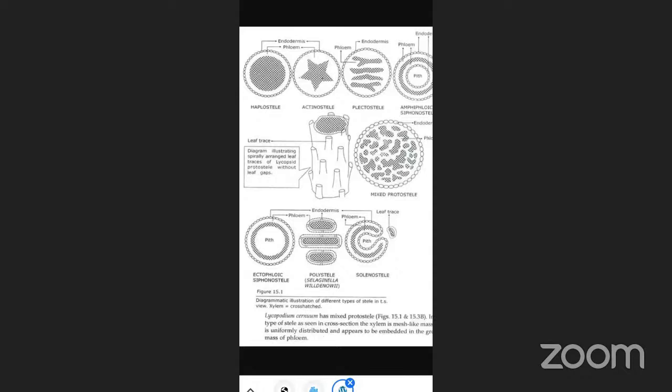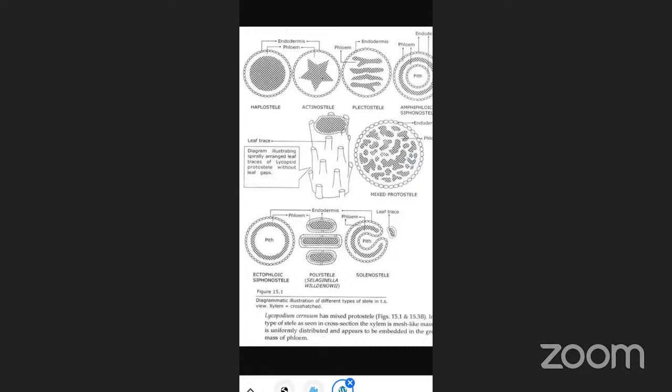In the plant kingdom, the vascular system has its origin in the Pteridophyta, which are called the first vascular plants.